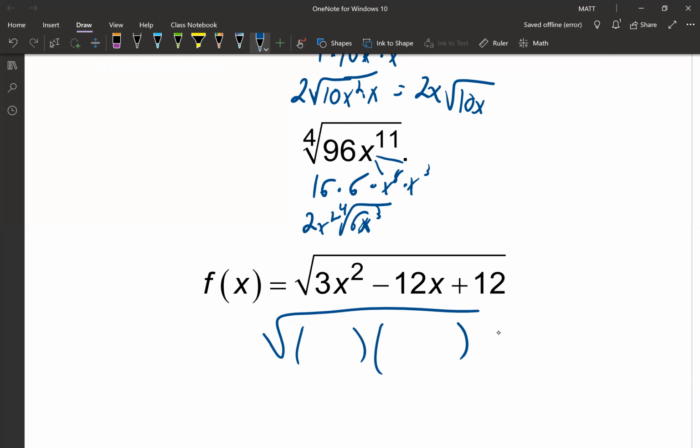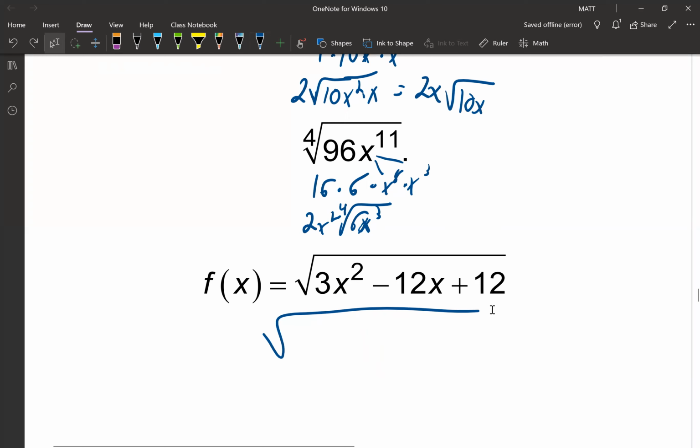Let me see if I can factor it here. So we have 3x squared minus 12x plus 12. And notice we're trying to factor it into two different things, right?